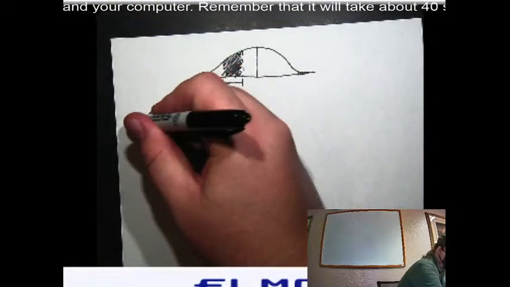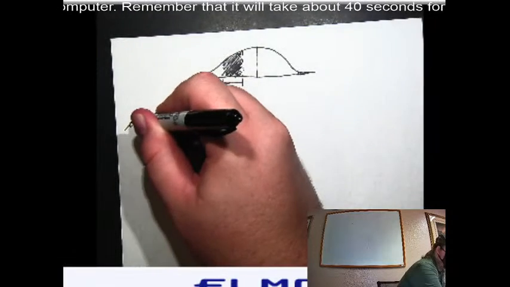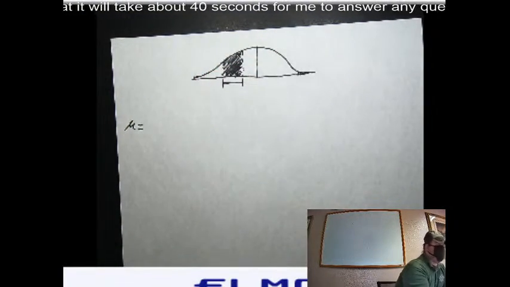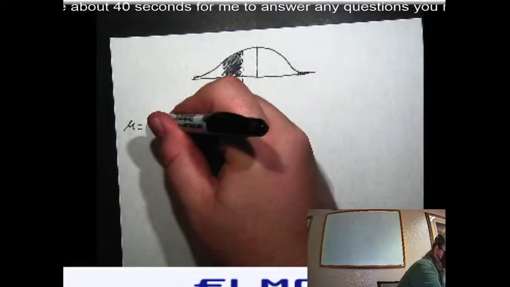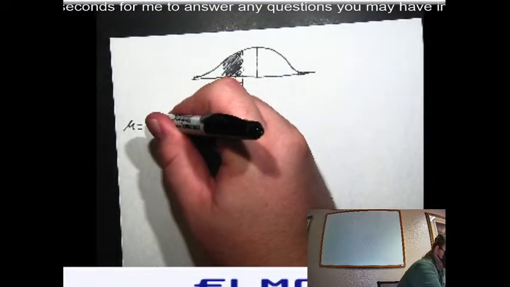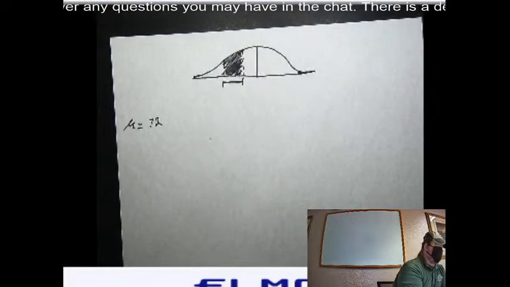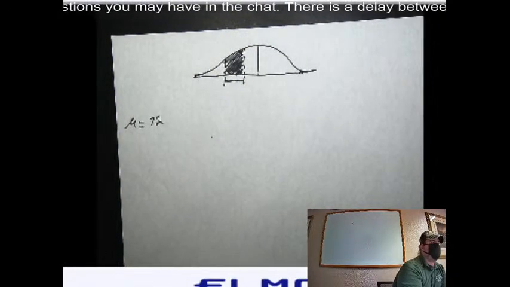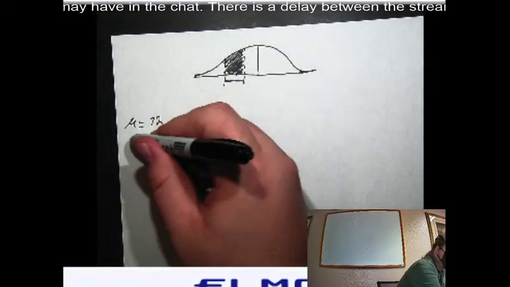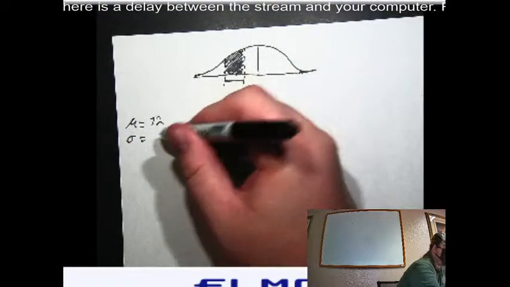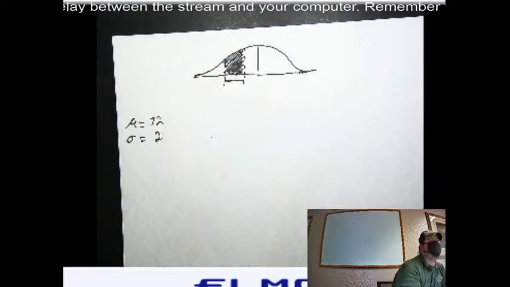Okay, so let's say we have a mean, or mu, of, let's say 72. That sounds like a good number. And a standard deviation, sigma, of 2.